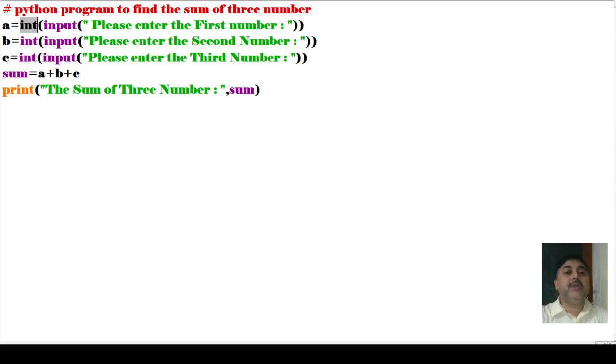Then I have called another function inside that, the input function, and I have written: enter the first number, enter the second number, enter the third number. There is no compulsion here. This is the instruction you are giving to the user. When the user runs the program, the user will see the instruction.